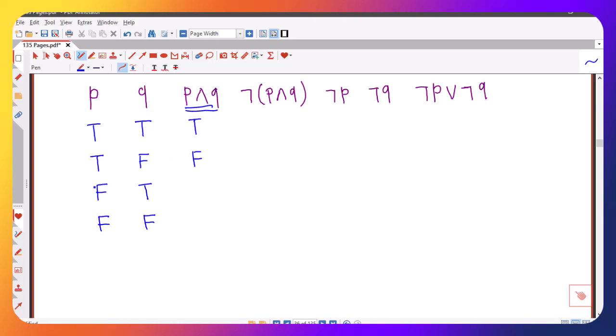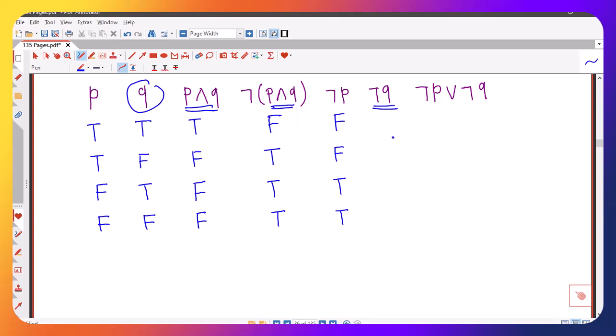So here we have F, F, therefore F. This is negation of P and Q. That is, if I have T here, I will write F. Here I have F, F, F, therefore I am writing T, T, T. Now negation of P. P is T, T, F, F, therefore here we have F, F, T, T. Negation of Q means if Q is true, negation of Q is false.